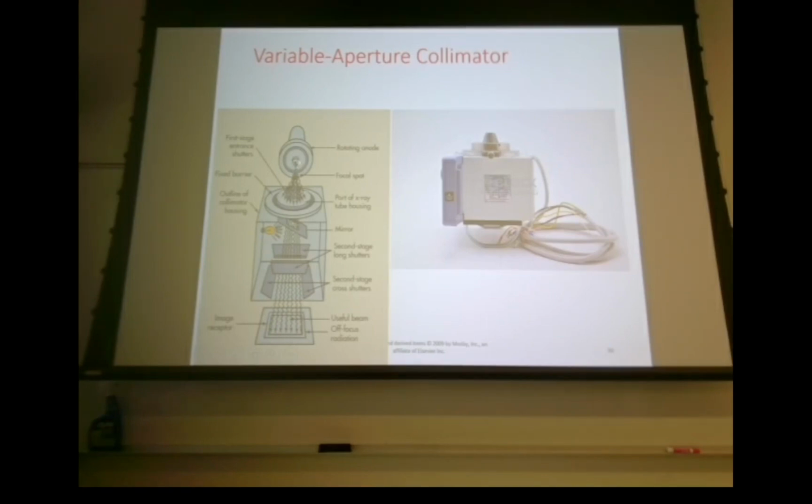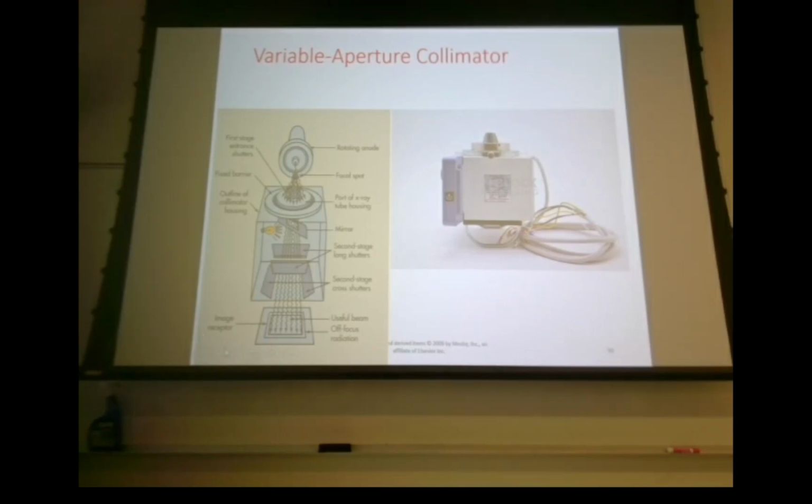communicate to us with this little thing coming down from the middle of the anode. So off-focus radiation, what's that? It's whenever X-rays don't hit your focal spot, where they're created somewhere aside from the focal spot, right?